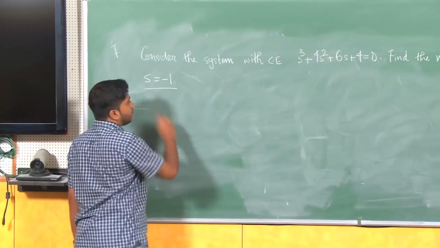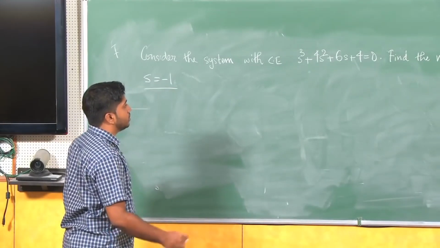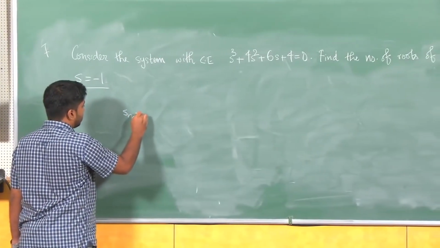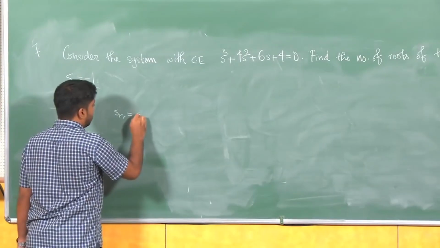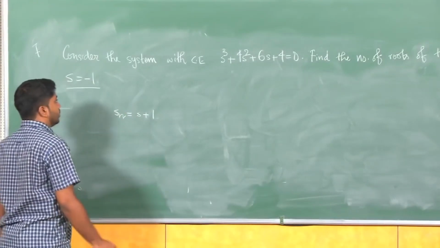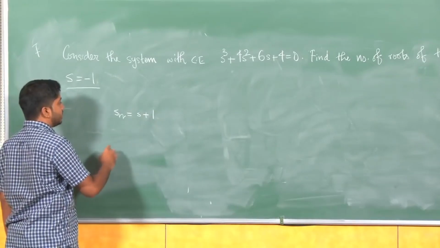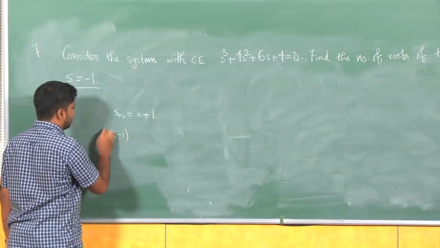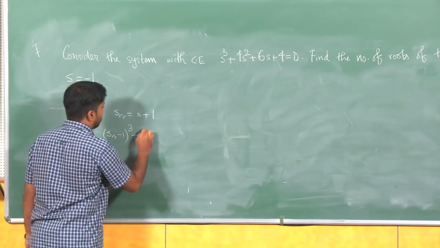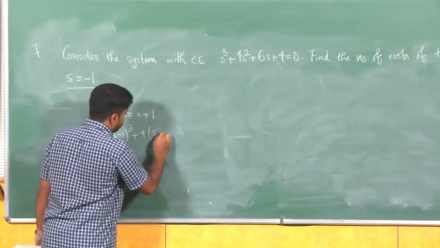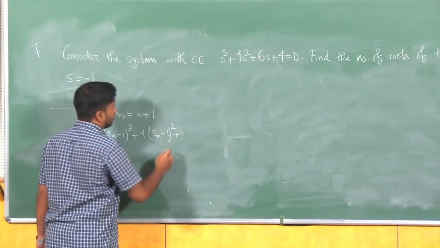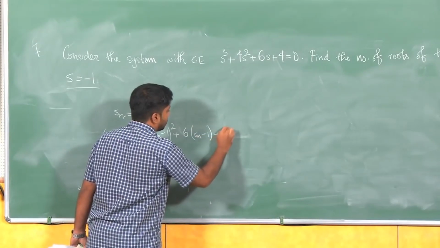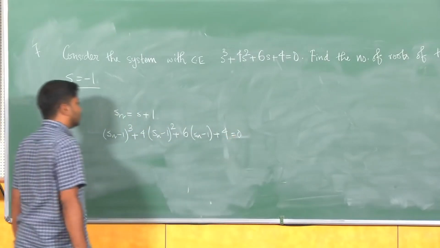We have to find out how many roots are there to the left of s equal to minus 1. So, we consider a dummy variable s_n such that s_n is equal to s plus 1. Now, if we write the characteristic equation in terms of s_n, it will be (s_n minus 1) whole cube plus 4 (s_n minus 1) whole square plus 6 (s_n minus 1) plus 4 is equal to 0.